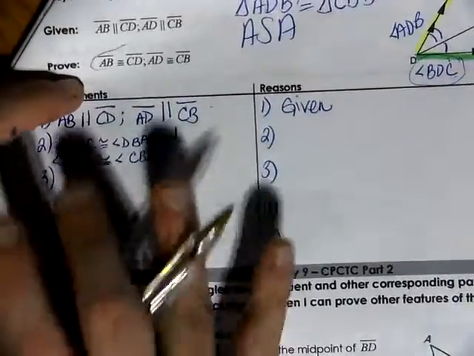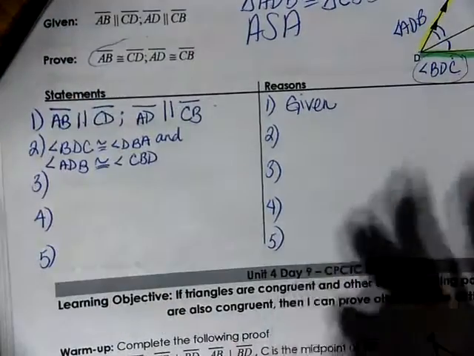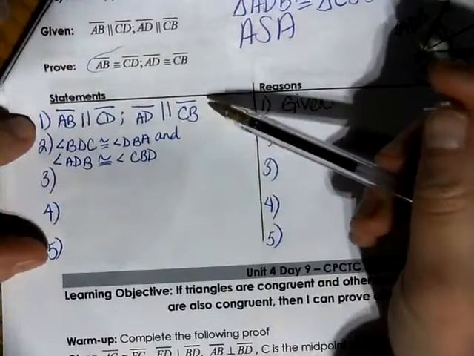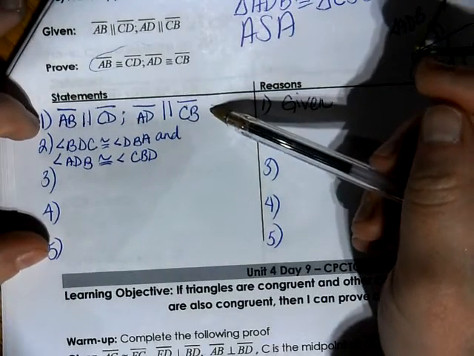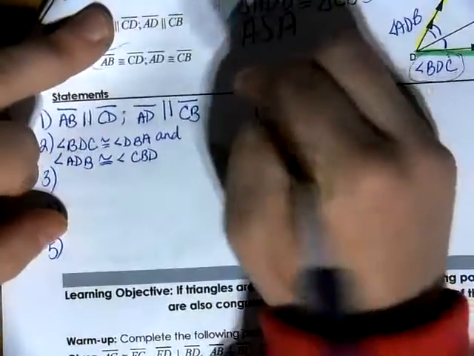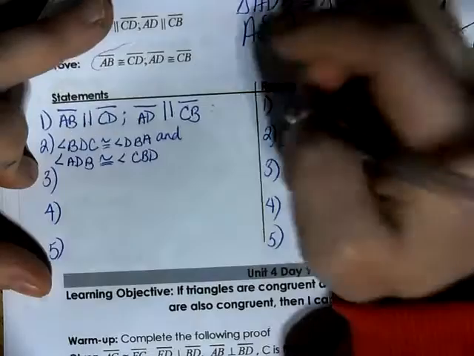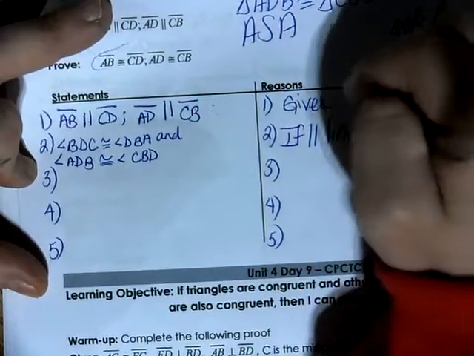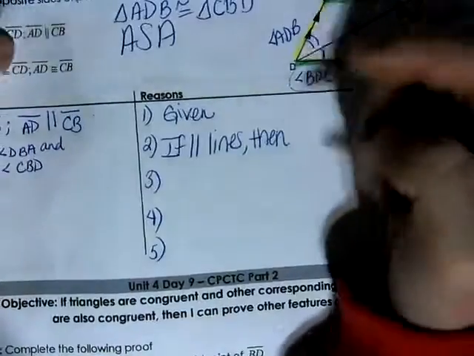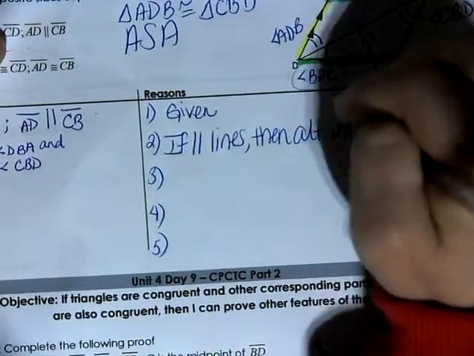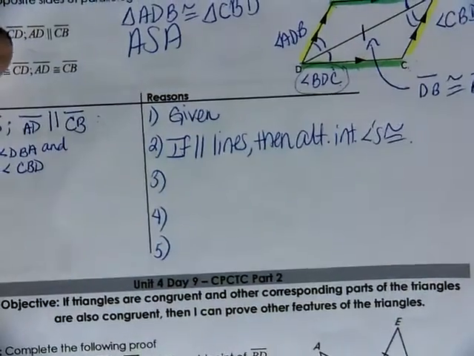Now, you could, of course, break this apart into multiple statements if you want to, but in this case, since we added a double piece of information in the given, we can use that double piece of information in the next statement, because our if-then statement is going to be the same. If you have parallel lines, then alternate interior angles are congruent to each other.